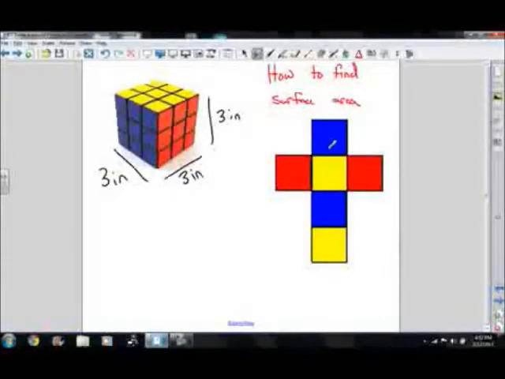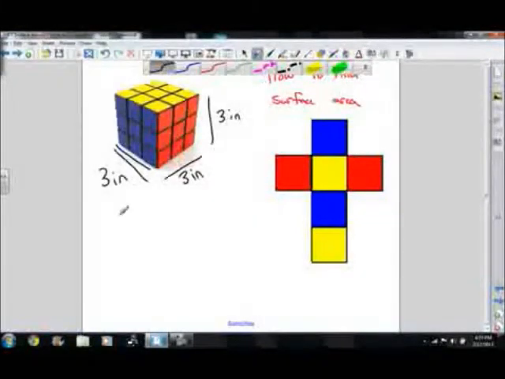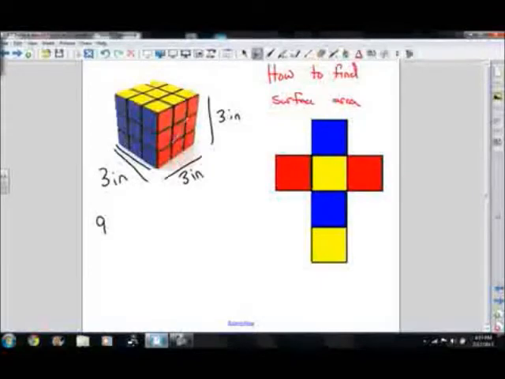Okay, so for example, if we're trying to find the surface area of this cube, this part right here, well, this is the base here, and the height is 3. So that piece right there, or this blue piece, would be 9. Well, this red part right here, that's also 3 times 3, so that would be 9.